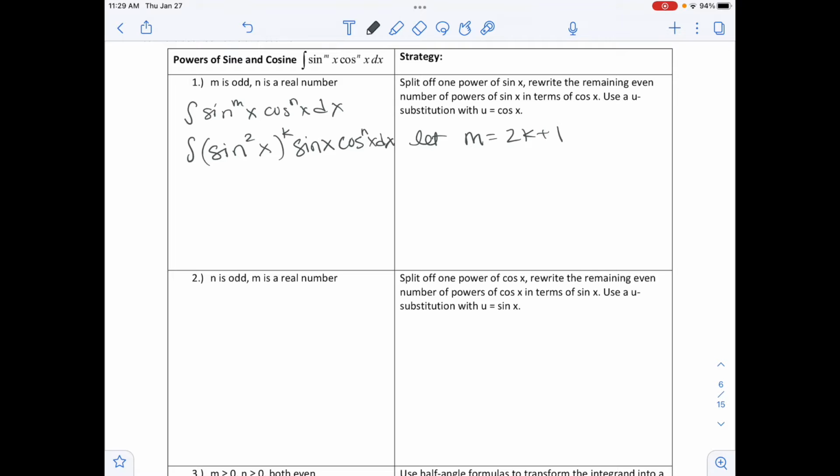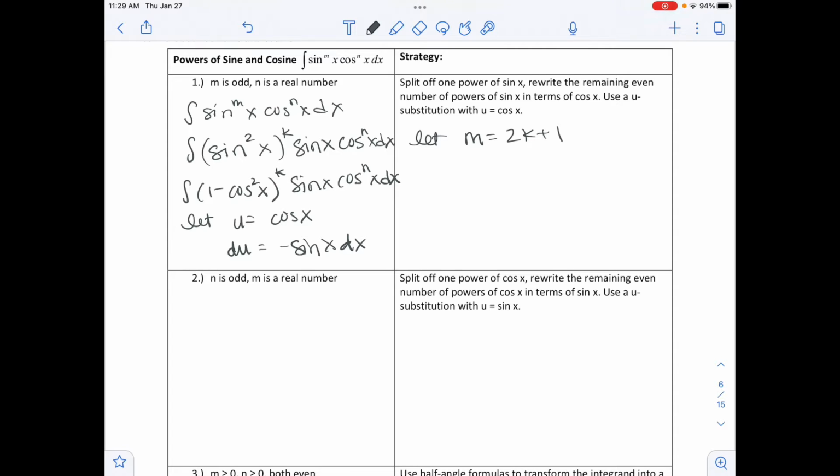From here, I'm going to use my Pythagorean identity and say that sine squared of x is the same thing as 1 minus cosine squared x, and then this is all raised to the kth power, and then we have sine of x cosine n x dx, and from here we can use u substitution and let u equal cosine of x, and then du would equal negative sine x dx, and then keep going with the problem.